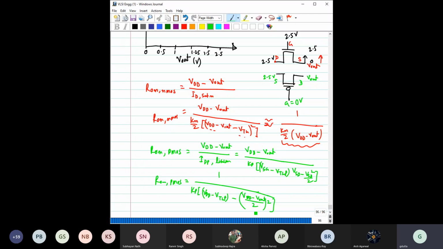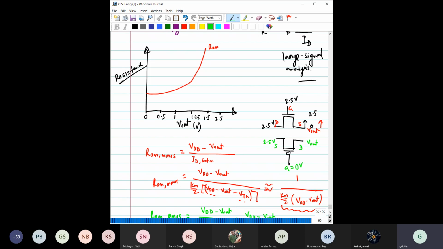So it's something like this, and if you now increase this V out, this R on P will actually fall down, right? Please try to get this nature, whether you are getting this nature or not, that is most important. So you will get a nature like this.